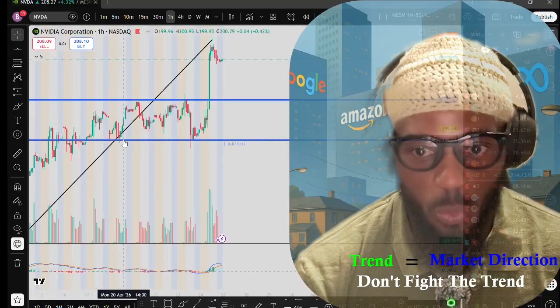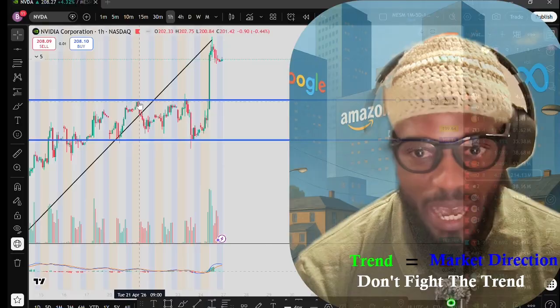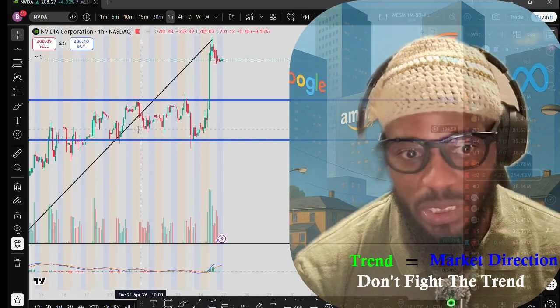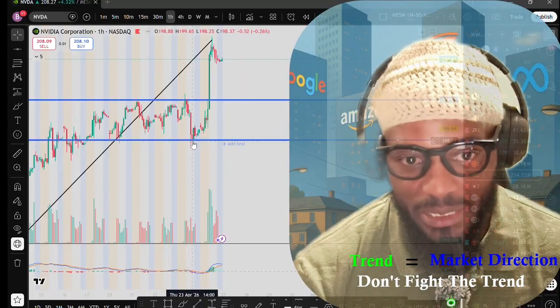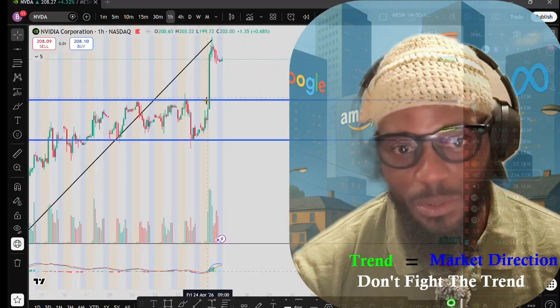The support level was 198.24. It bounced off of it, went to the resistance level, the high of 202, and rejected it. It didn't come all the way back to the support, bounced up here, went back, tested the resistance level, rejected, came back to the support level at 198, and bounced up off of it like a kid on a trampoline.